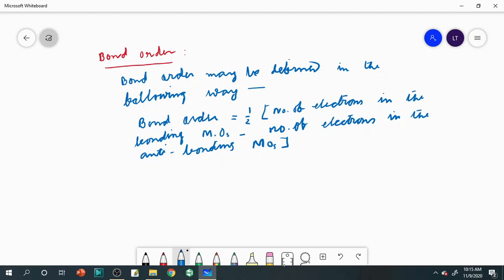If you know the bond order of a particular molecule, then you will be able to say whether the molecule will exist or not.